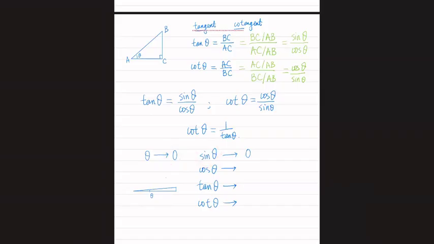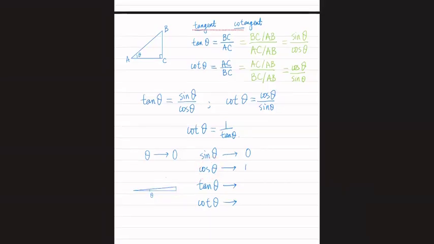For cosine theta, these two sides will become closer and closer to the same, so the ratio will become closer and closer to 1. Tangent is the ratio of the two. When the numerator becomes smaller and smaller and the denominator becomes 1, this goes to 0. Very natural.